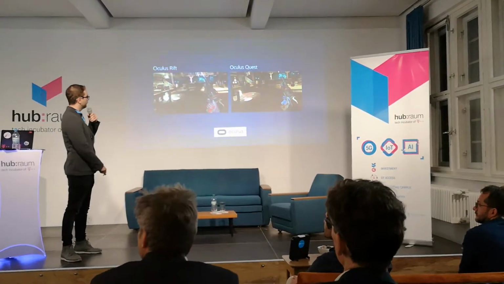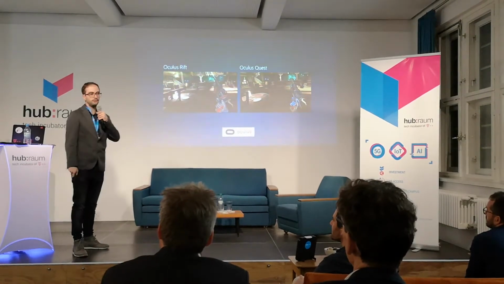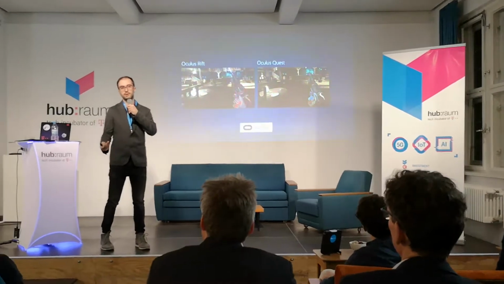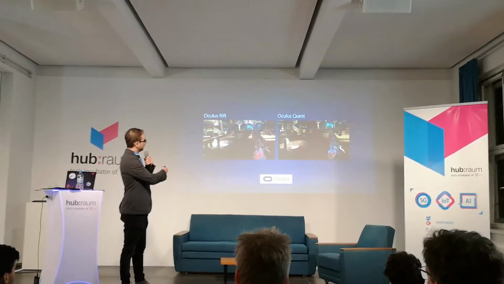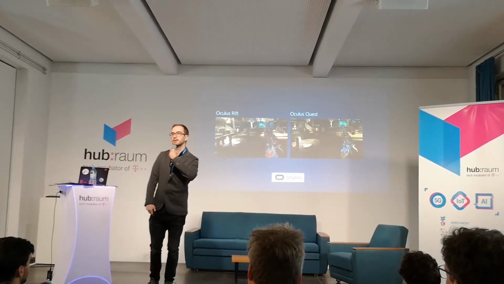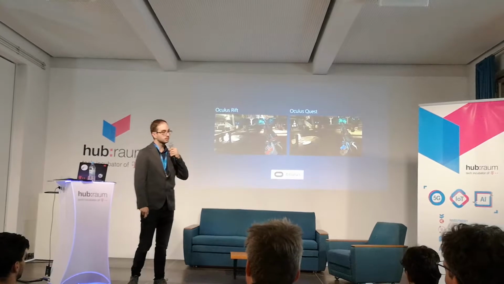One difference is the one on the left is running on a PC, the one on the right is running on the Oculus Quest mobile headset. The one on the left has a thing called dynamic lighting, whereas the one on the right has something that's called baked lighting.